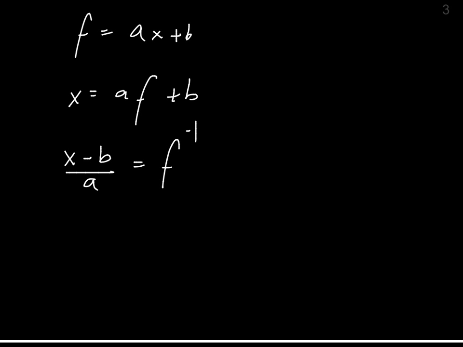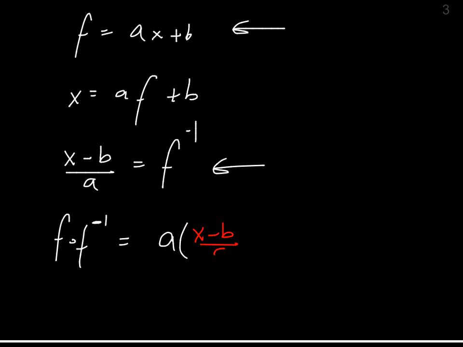So this is basically my general straight line function, and this is generally how the inverse will look. And let's try to compose one into the other. Let's put f composed with f inverse, and what that looks like is a times, I'm going to open brackets, and then I'm going to replace inside the value of x, x minus b divided by a.